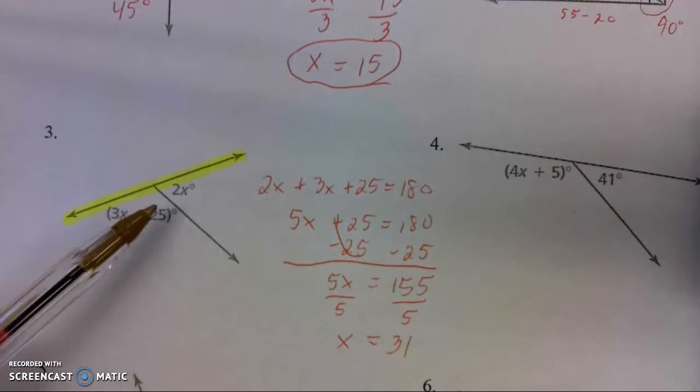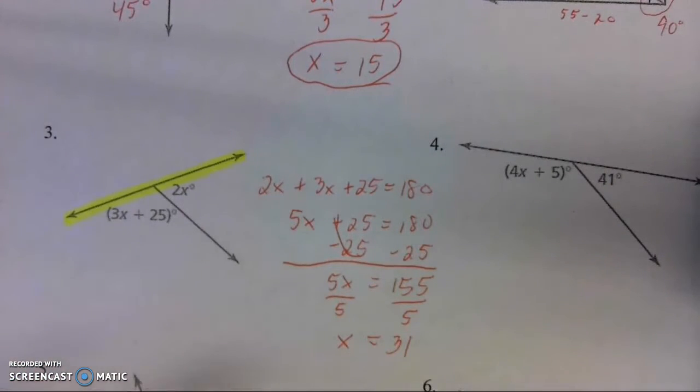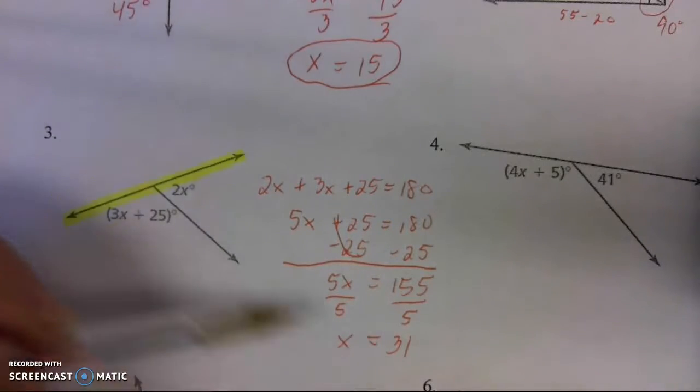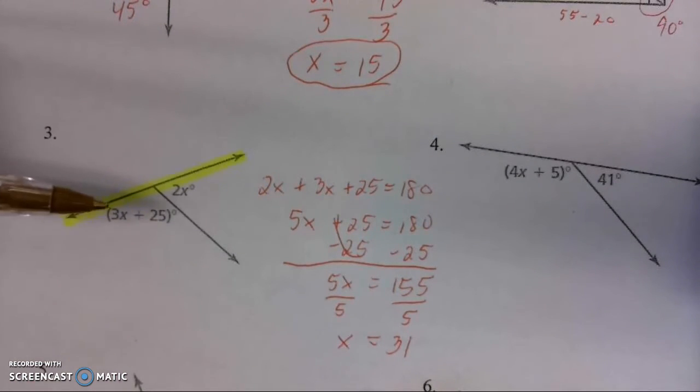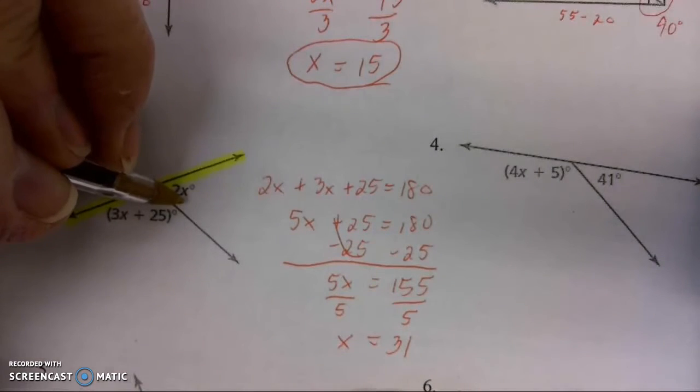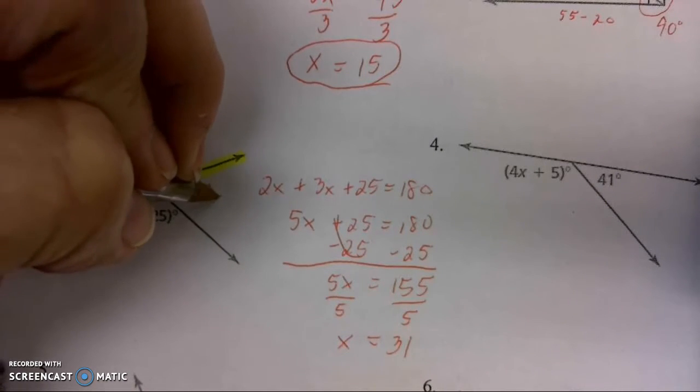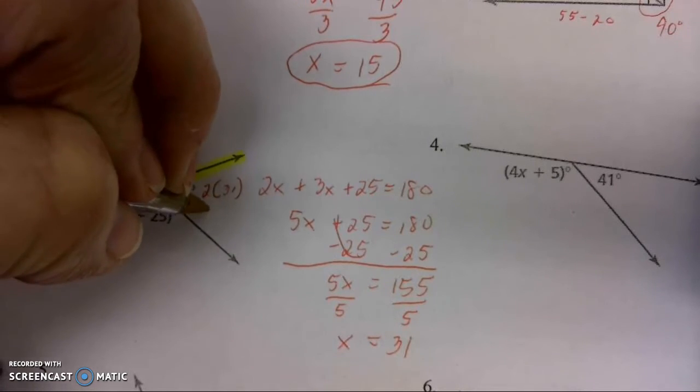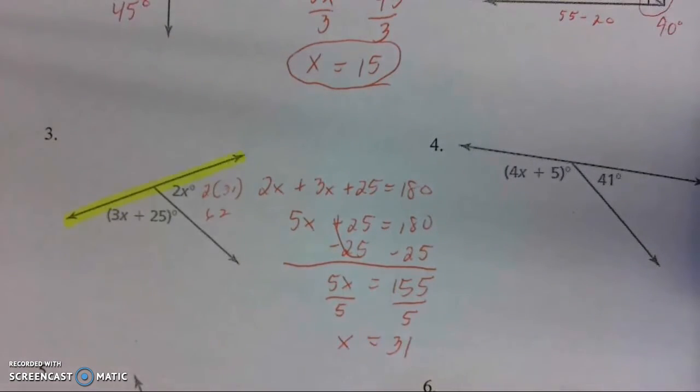Once you figure out what the relationship is between the angles, the rest is just setting up an equation and solving. So now, again, neither one of my angles equals x, or equals 31. This first angle equals 2 times 31, which is 62.